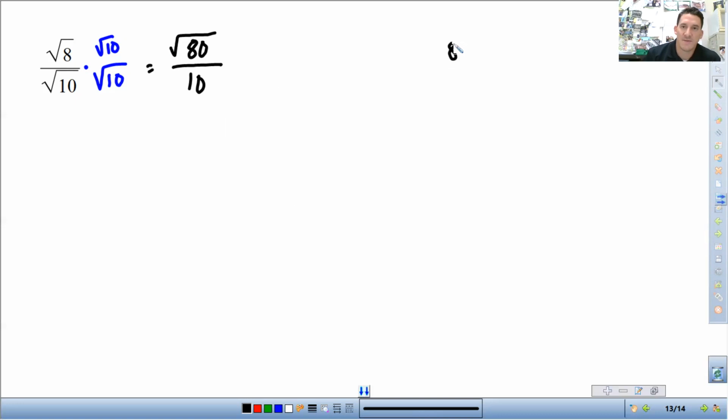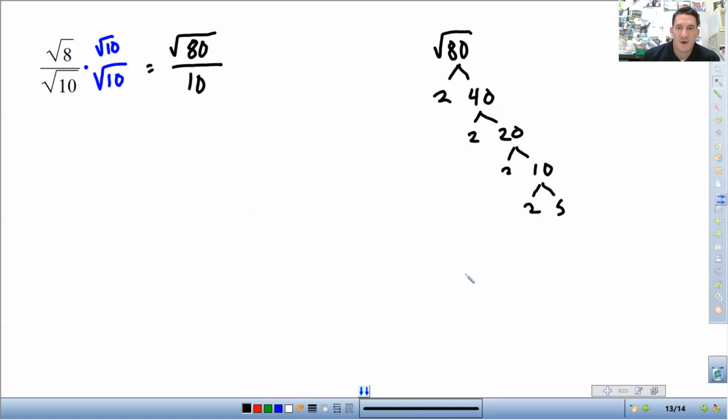So I'm going to do a factor tree on 80. So square root of 80, I factor it, that's 2 times 40. 40 is 2 times 20. 20 is 2 times 10. 10 is 2 times 5. So if I were to simplify that, so that's 1, 2, 3, 4 twos and a 5.